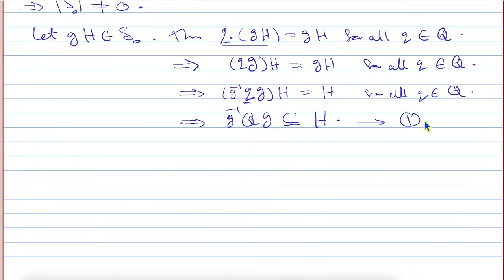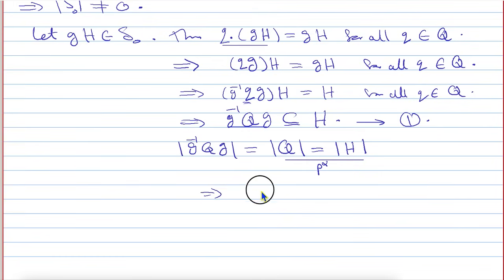So this is point 1. And from the other hand, we have the order of this g inverse Qg is the same as the order of Q because conjugation does not change the number of elements. Conjugation, left multiplication or right multiplication, all of them do not change the number of elements in the group. And the order of Q is the same as the order of H because both are Sylow p subgroups of order p to power alpha.